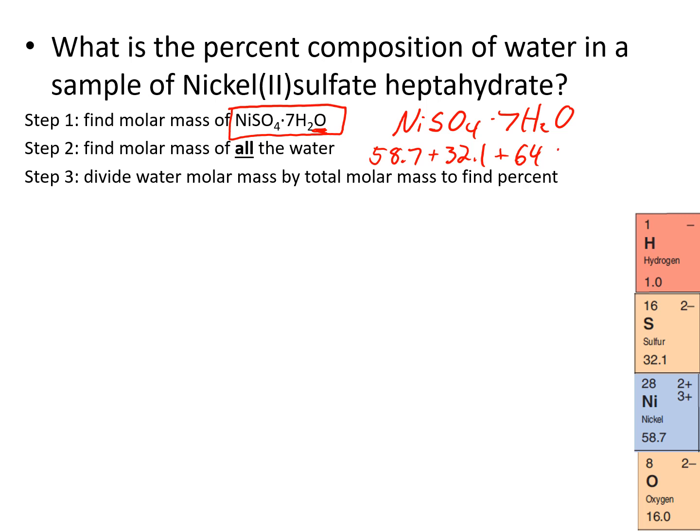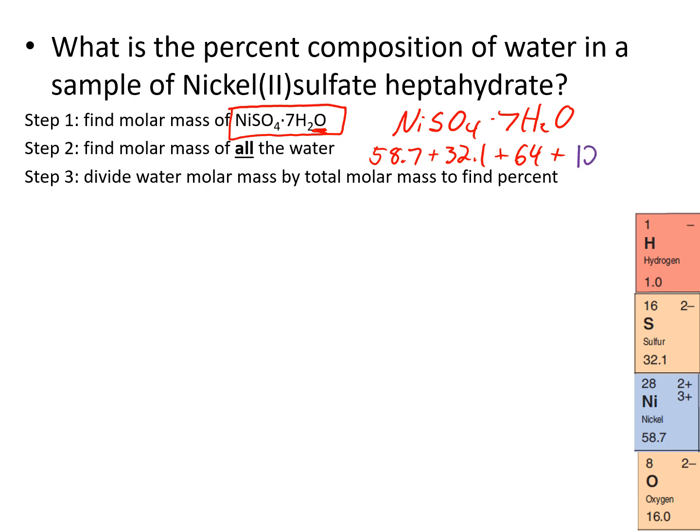Now, the water portion, I'm going to write this in a different color. So water is, well, the oxygen is 16 plus 2 hydrogens, so that makes it 18. So the water has a molar mass of 18, but there are 7 of them, so I got to times that by 7. So 18 times 7 is 126.